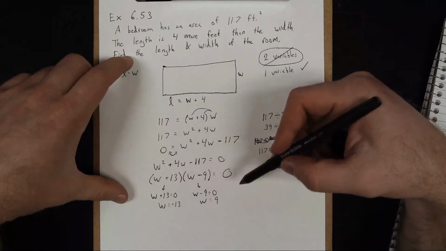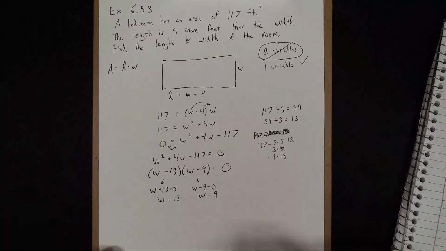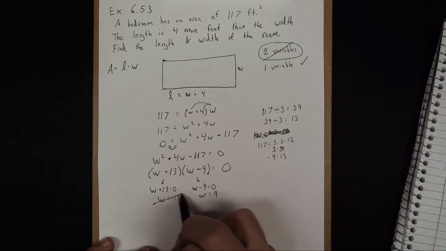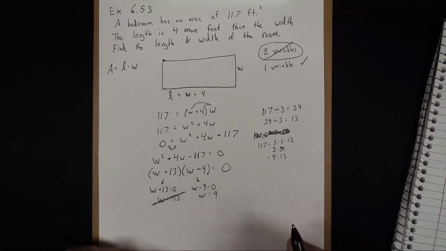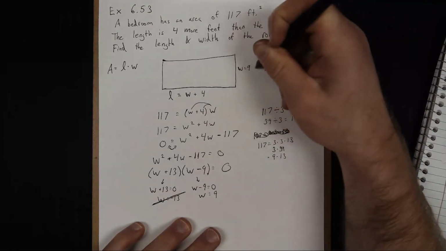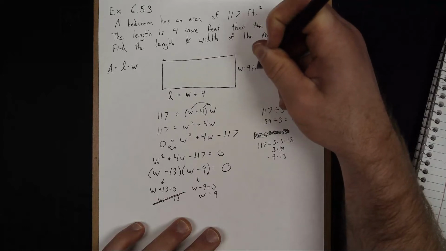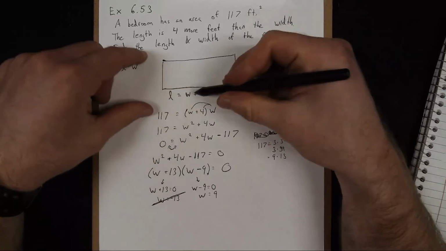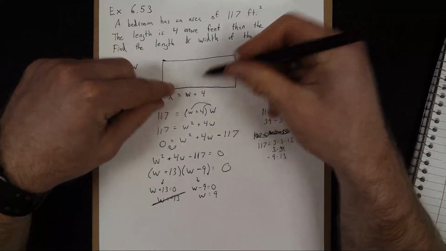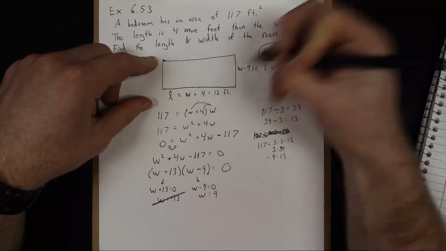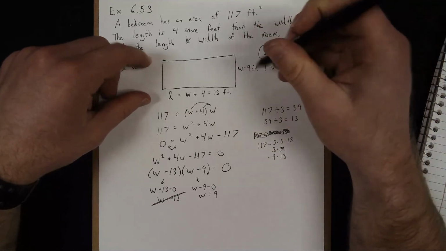I'm gonna bet my entire salary that W equals negative 13 feet does not make sense for our real world situation here. So our width is 9 feet, which means we can plug in this 9 here and we get 13 feet. So there are our answers.